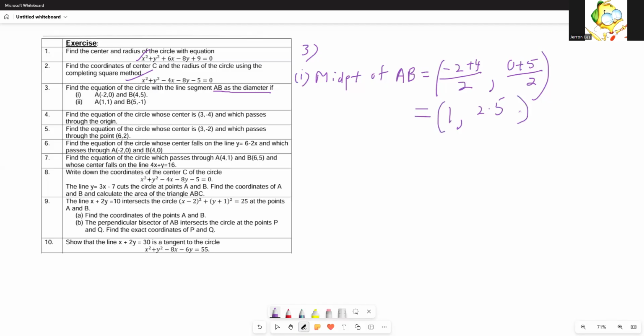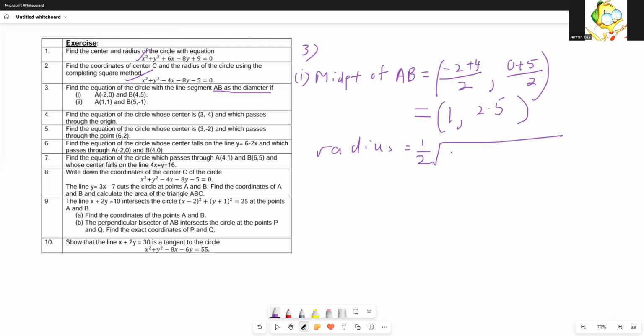Once you have got this, it's time to find the radius. The radius is going to be very simple. Remember, AB is the diameter, so the radius will be half of this diameter. So what you need to do is recall the distance formula, and then multiply it by 1 over 2, because it's going to be your radius.